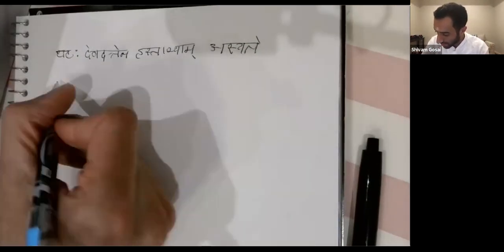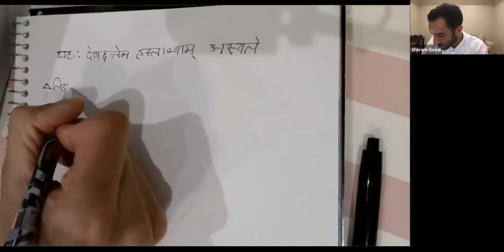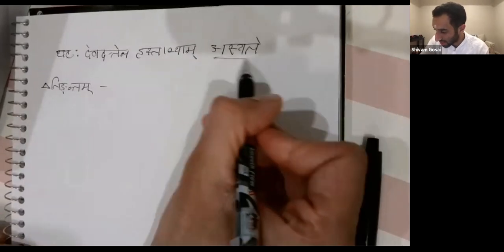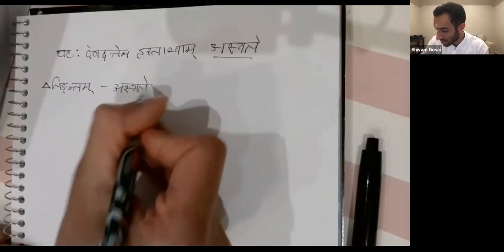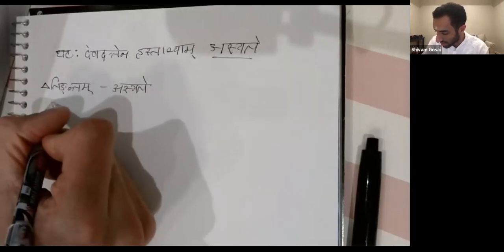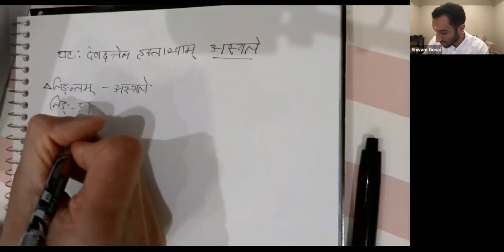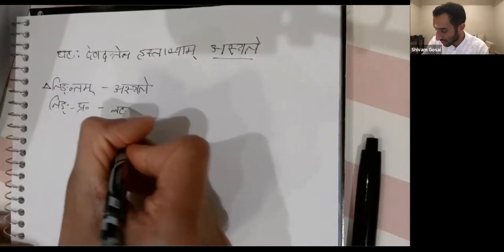Okay, we want to find the verb first. So I'm going to find the verb. The verb here, right, we want to find is asyate. So asyate, we know the ting pratyaya is lat lakara.